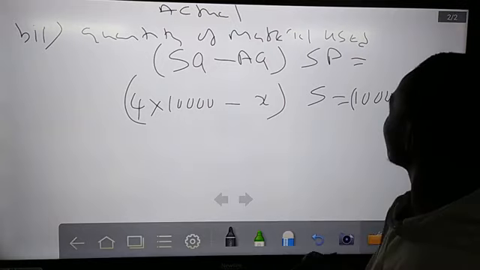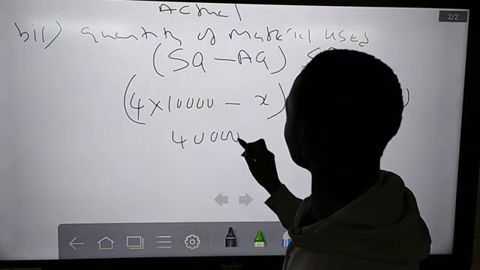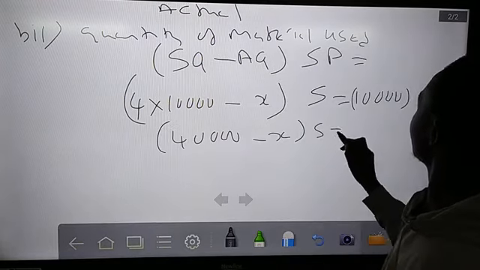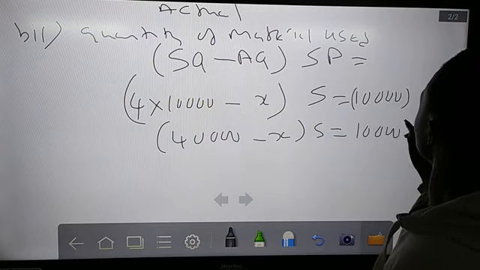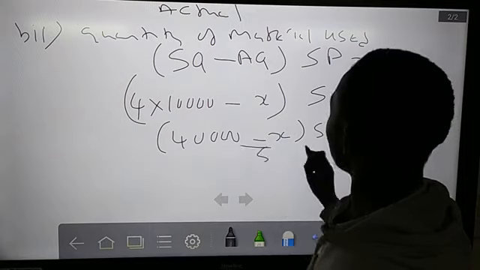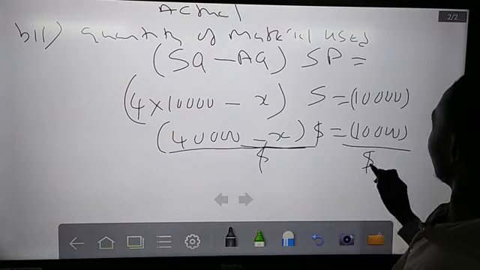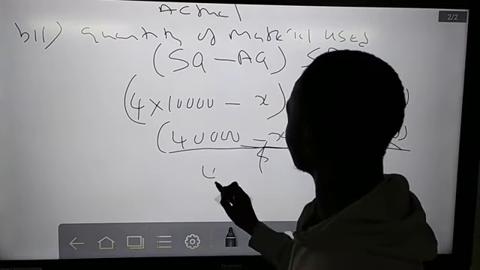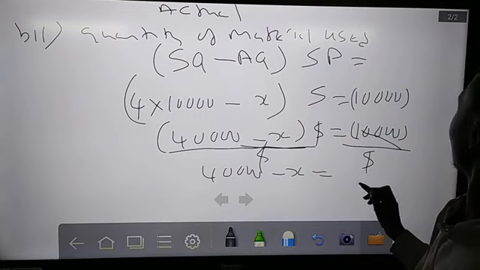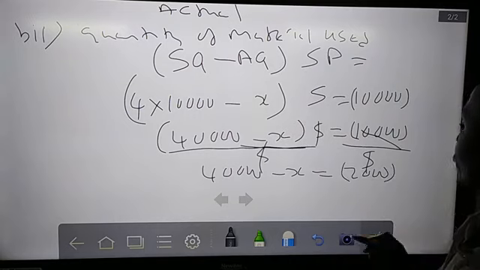Okay, so let's substitute now. If we multiply here, it becomes 40,000 minus X, then we have 5 here equals to negative 10,000. So we can divide both sides by what? By 5, to eliminate this 5. We are left with 40,000 minus X equals to negative 2,000.